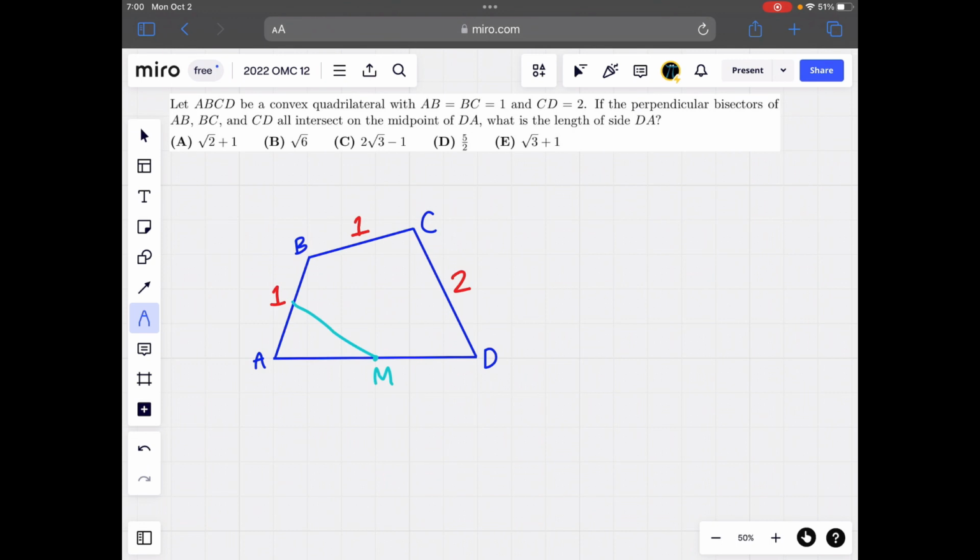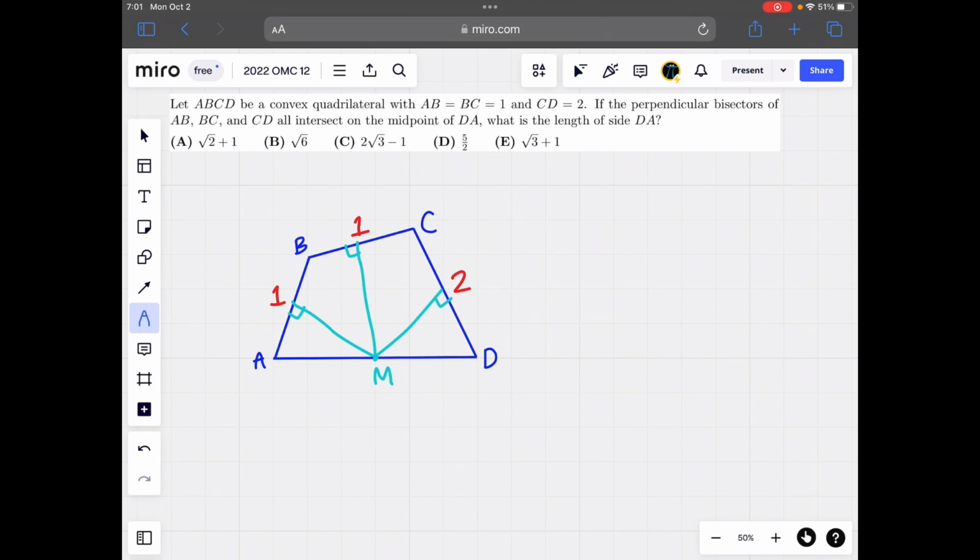So the perpendicular bisectors of AB, BC, and CD all intersect at the midpoint of DA, which is M. If the perpendicular bisector of a segment passes through a point, and we know the distance from that point to one of the endpoints, the distance to the other endpoint is also the same, because the perpendicular bisector is the set of all points that are equidistant from the two endpoints of a line segment.